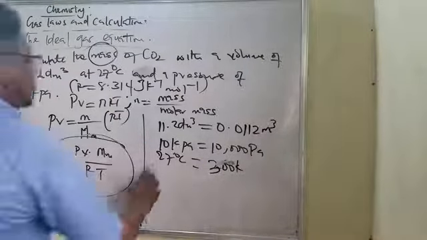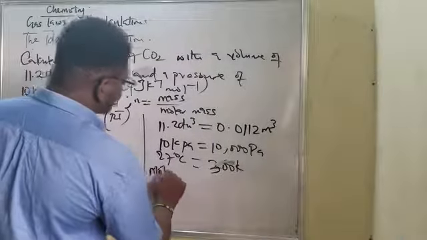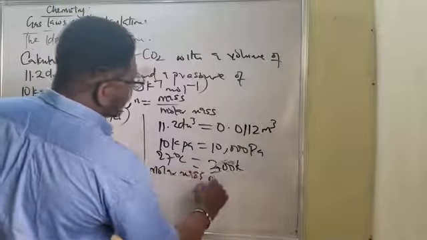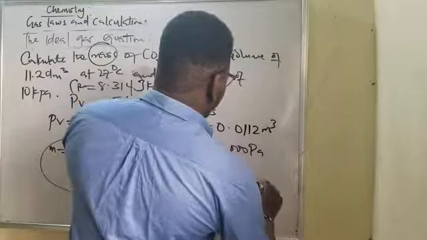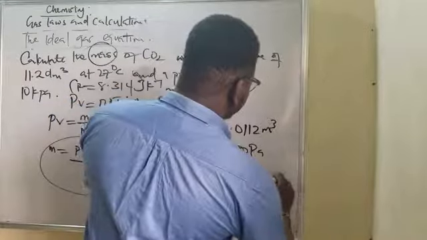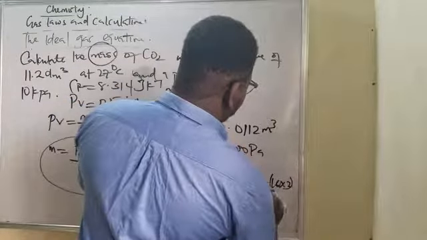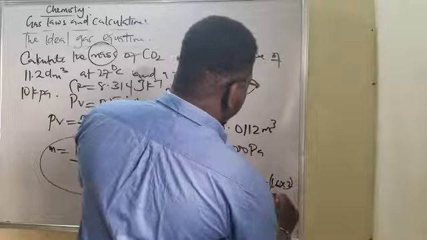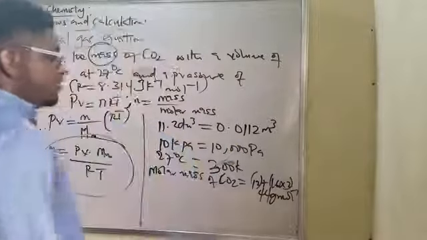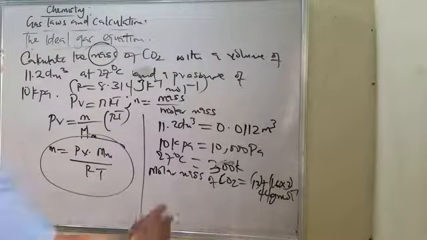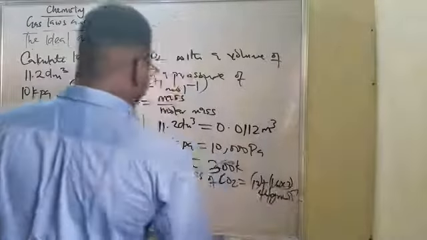So our molar mass of CO2 is, carbon is 12 plus 16 times 2. That's 12 plus 32. That's 44 gram per mole, right?